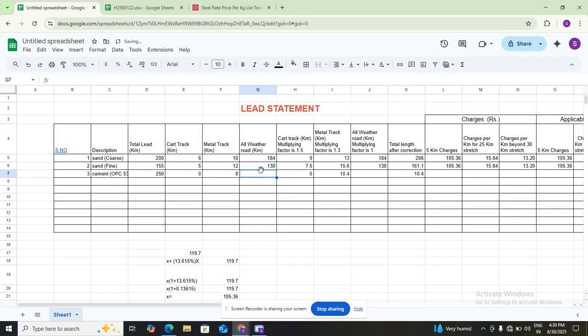Okay, we need to just drag for more. Okay, 242. Total length after correction is 252.2, where 2 kilometers has been increased to 2.4 kilometers. Okay. The charges are also the same? We need to drag it.